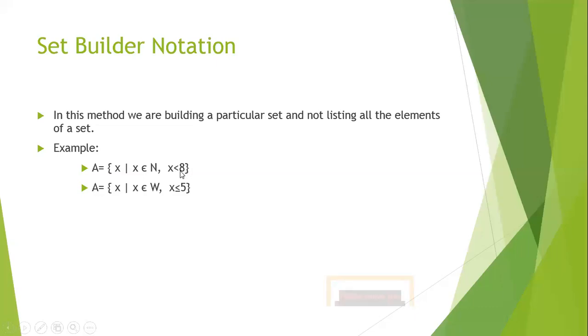X is less than 8 means x is the set having all the elements from 1 till 7. The number is symbolically represented by x. We have taken a symbol here. X is basically the symbol. We are going to represent all the elements by x.